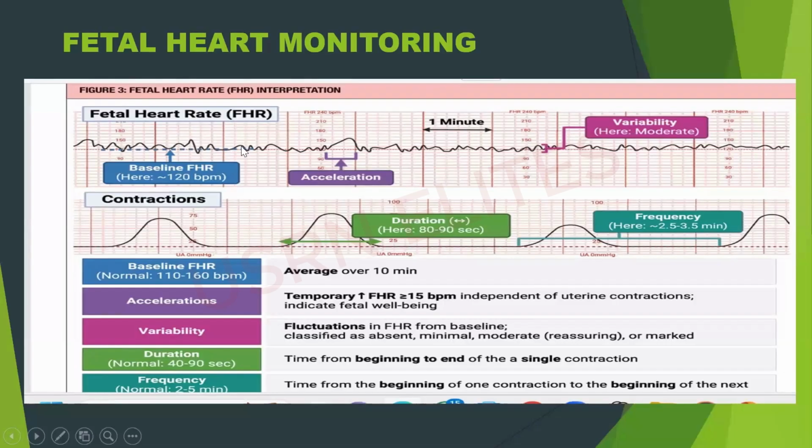The one on top is the heart rate of the fetus, and as you can see, it comes with numbers. Each line represents 10 beats apart. The longitudinal ones represent the minutes, and the vertical ones represent the heart rate, the change in the heart rate in numbers. That's what you should know.